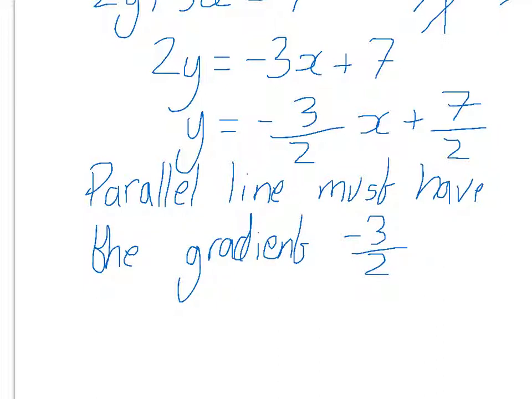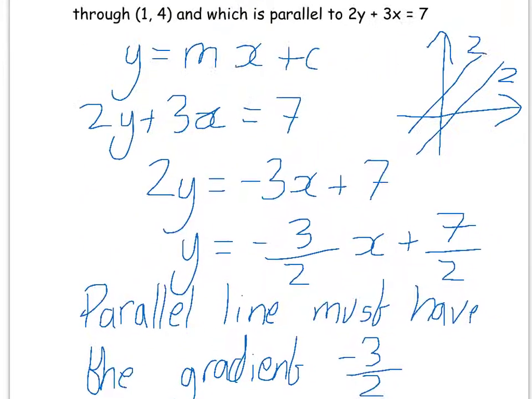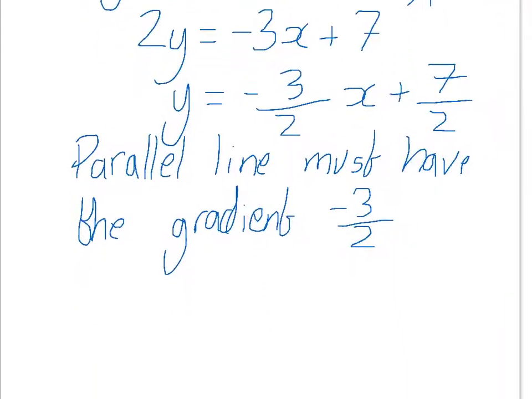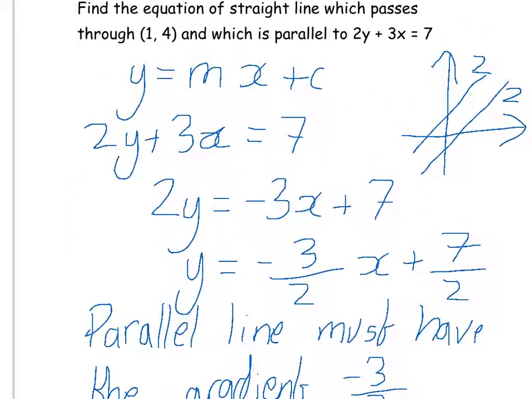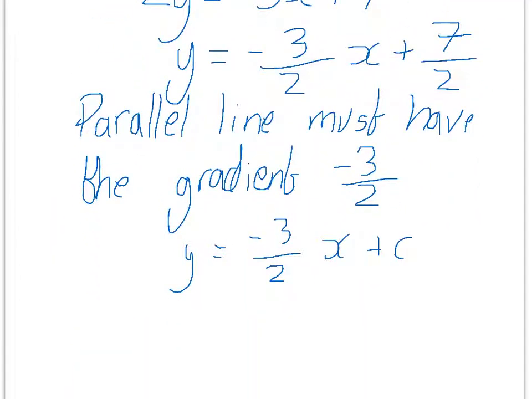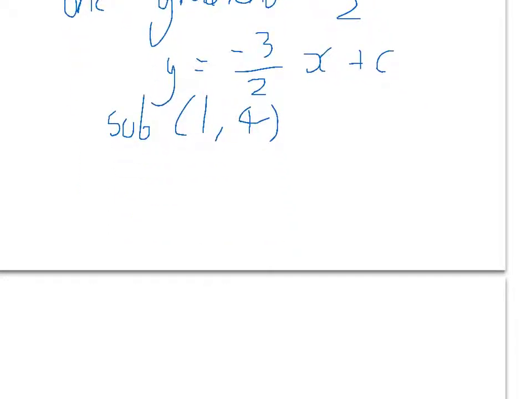So now we can substitute in the point it passes through. So our parallel line must be of the form y equals minus 3 over 2 x plus c. And we're told it passes through the point (1, 4). So sub (1, 4) into this. So here we go.